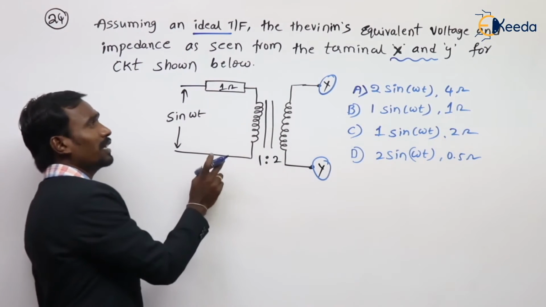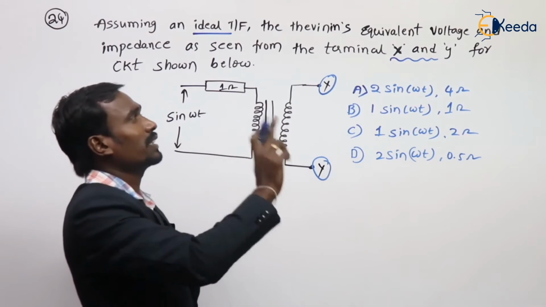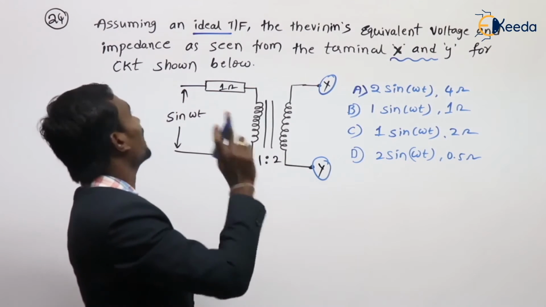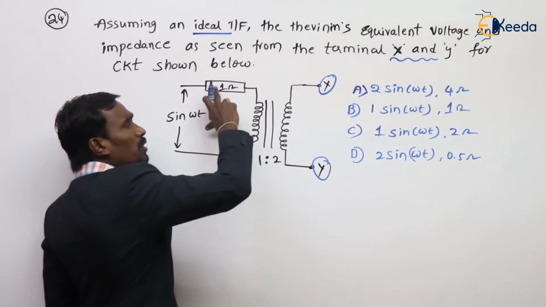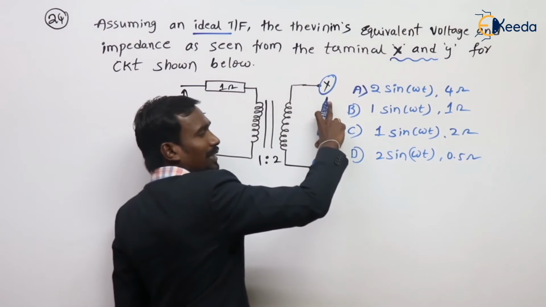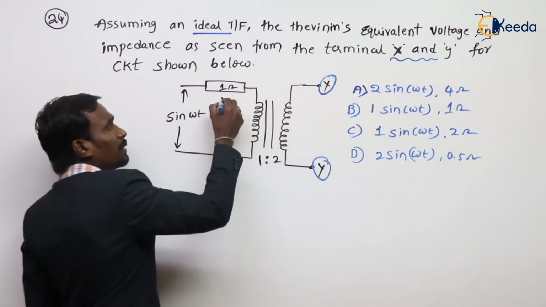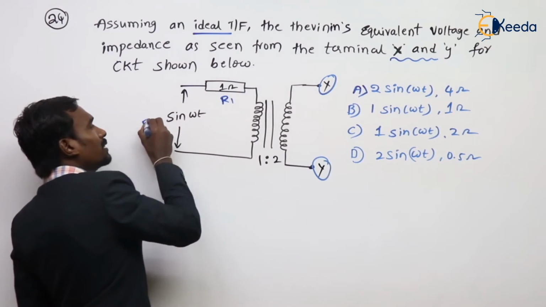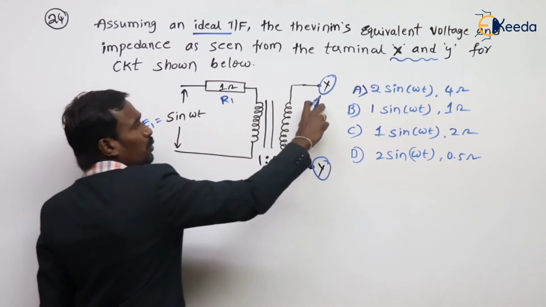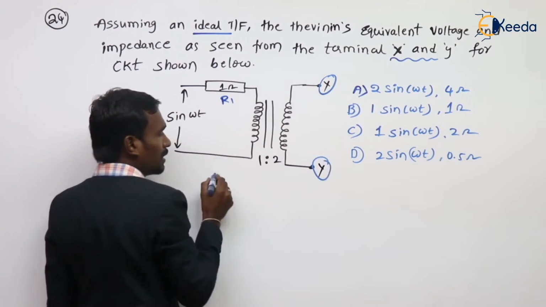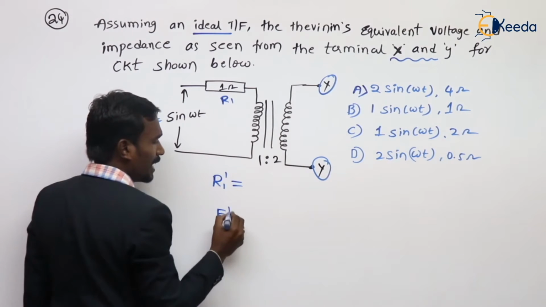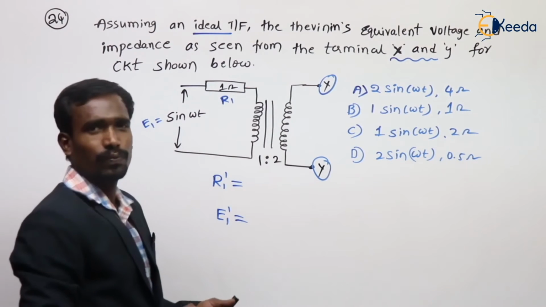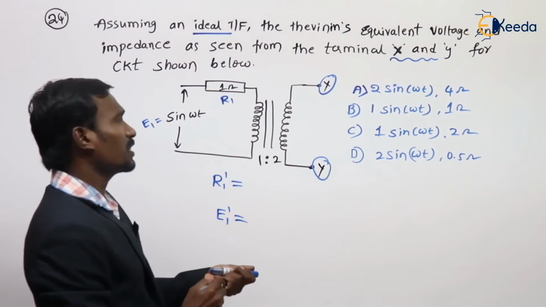For this circuit, they want Thevenin's equivalent voltage and impedance, nothing but these two seen from these terminals. For example, this is R1 and this is E1. Seen from this terminal, we have R1 dash and E1 dash. We need these two.